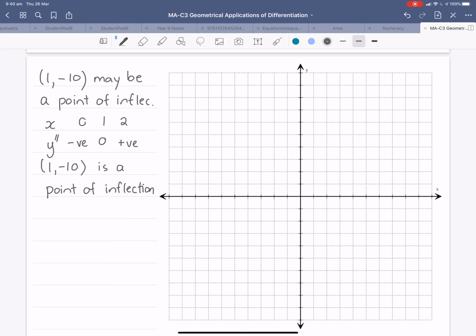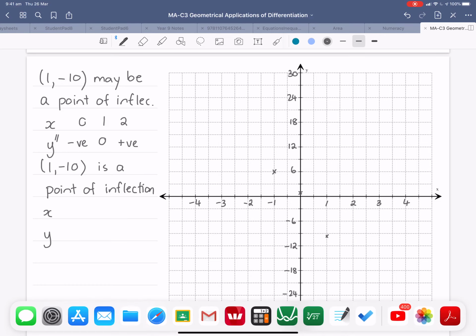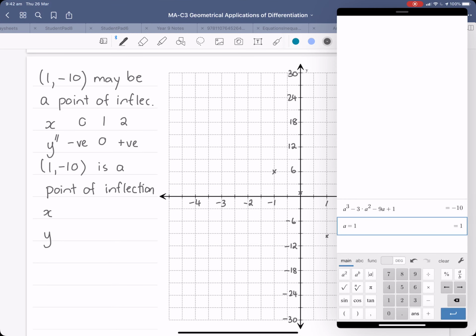All right, the other point that it's quite easy to work out is our y-intercept, because to find our y-intercept, we just put x equals 0 in our original function, and we end up with 1. All right, now just to get some extra points, I'm going to use my calculator.